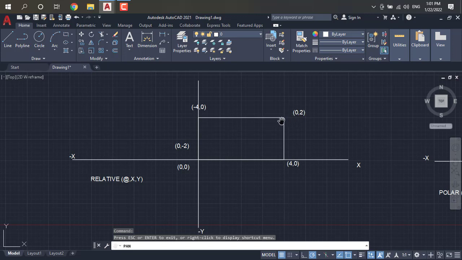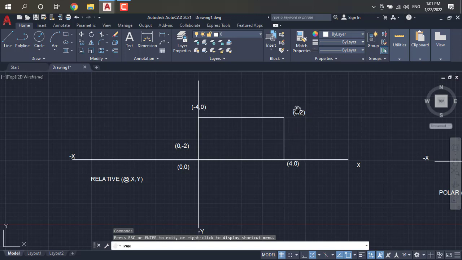Why? Because in the relative coordinate system we have to view it like this. You don't change the x value here. Here x is 4, so after that here also 4. We have to change only the y coordinate.